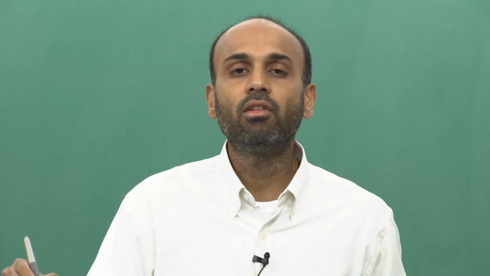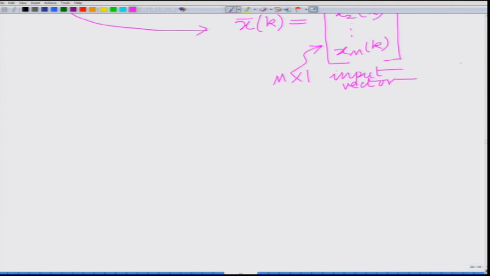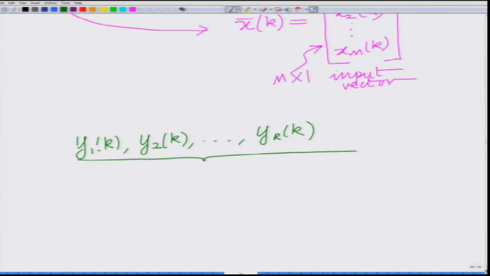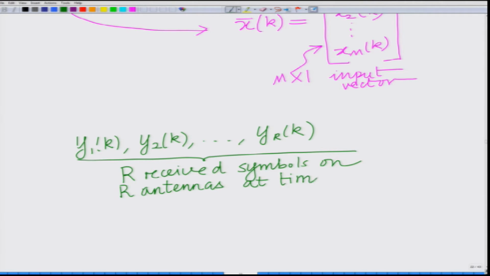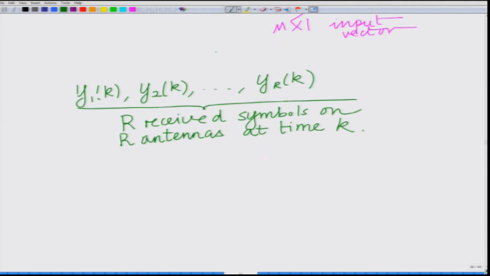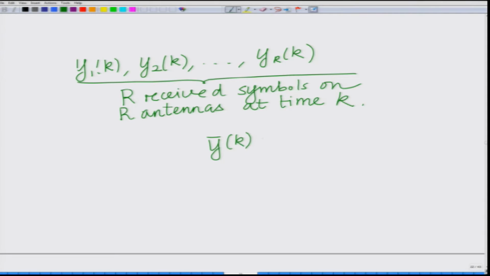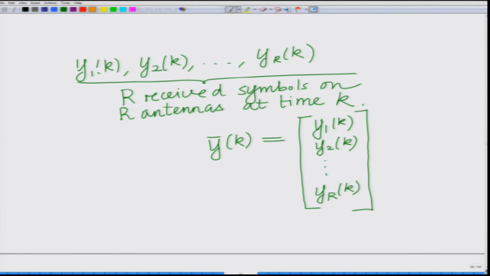Now, since we have multiple receive antennas, we will have multiple received symbols. So, what we have are y1k, y2k, yrk, these are the R received symbols on R antennas at time k, and the received vector y bar k equals y1k, y2k, yrk.